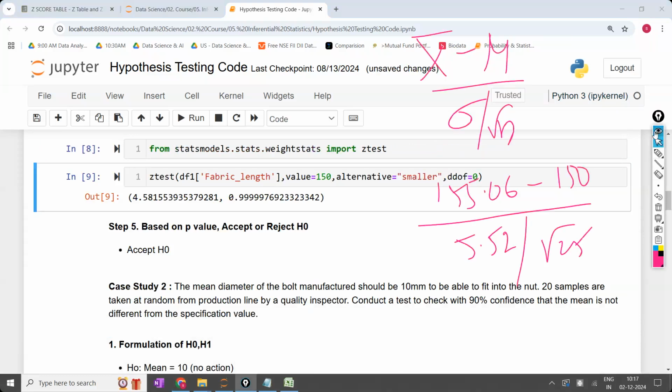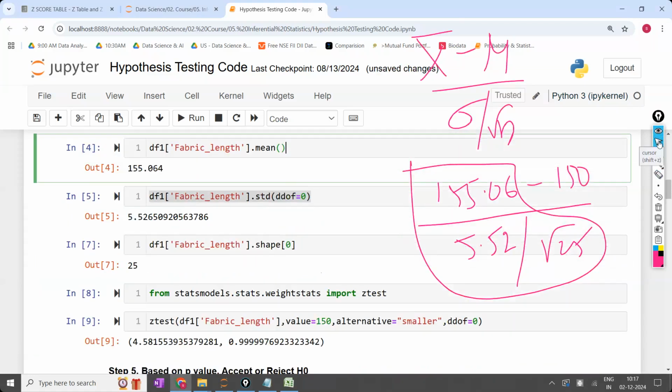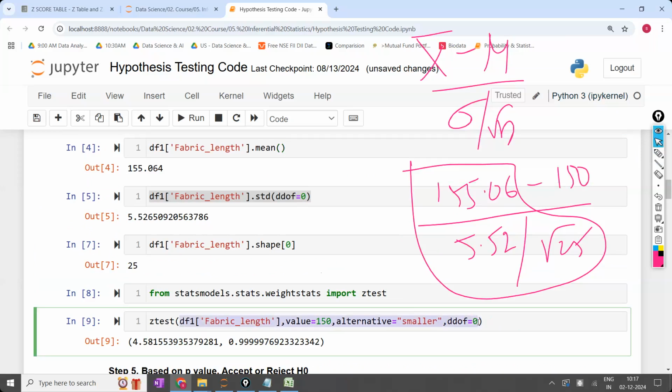Now see here, this value is there. This will be applied in the backend, so these three values will be selected by Python. How is it going to calculate x bar? Internally it calculates like this. In the backend of this particular function, first it calculates the mean and the standard deviation of the sample. DDOF is equal to 0 I have taken, so it will calculate the population standard deviation.